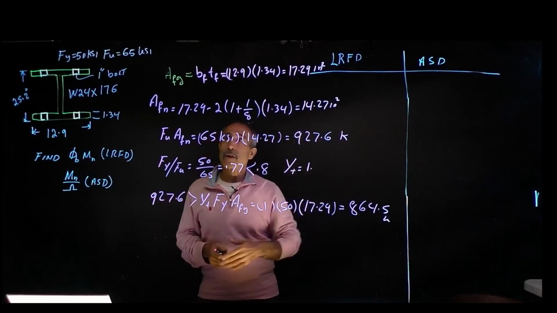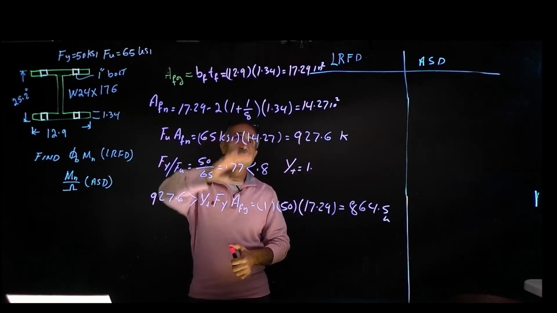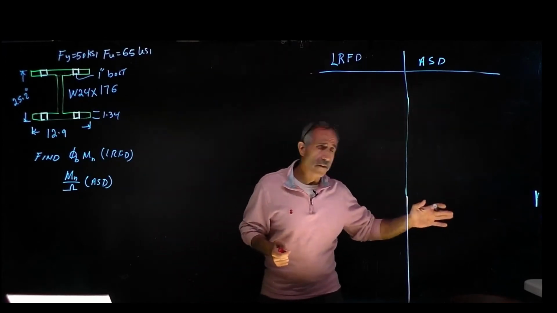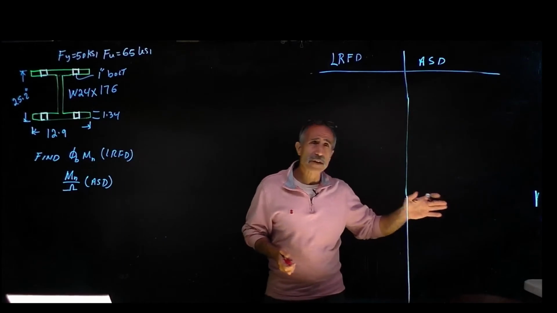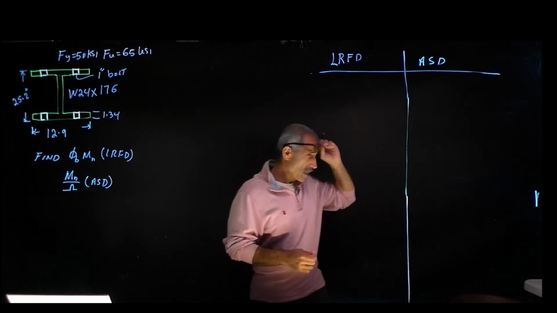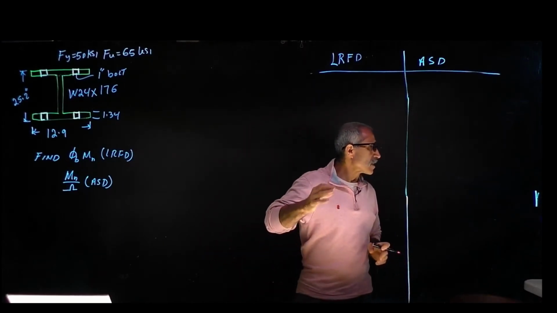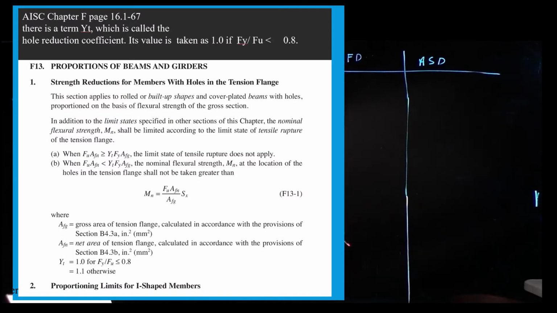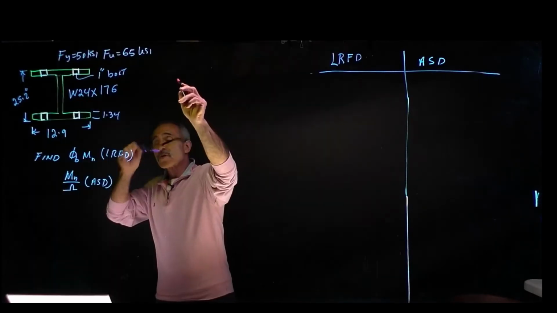So now we're going to go ahead and solve the problem. Let me erase this section here. Because we satisfied condition A of the spec in section F13, it says right there, let me read it to you, the limit state of tensile rupture does not apply. So we're going to go to Table 3-2.